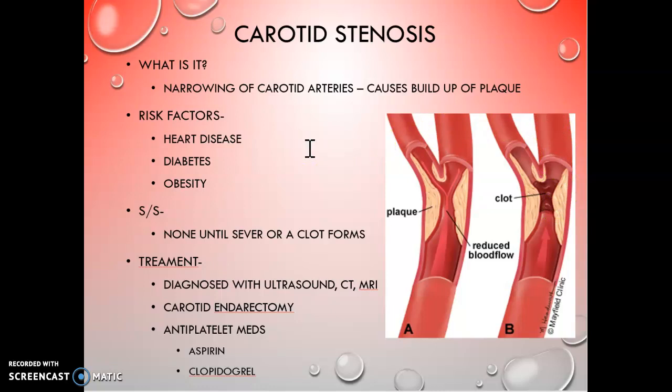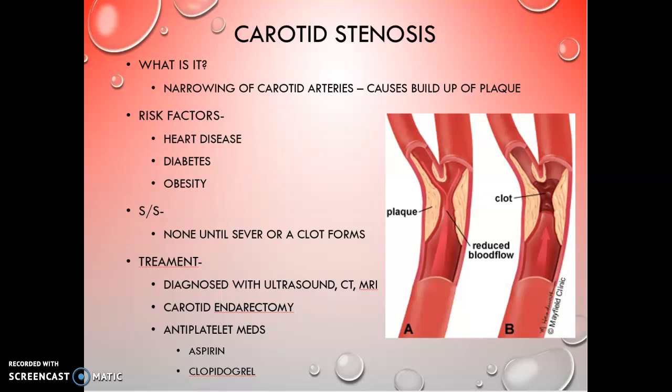Risk factors for carotid stenosis are heart disease, diabetes, obesity, all of those cardiovascular issues that we've discussed many, many times. The problem with carotid stenosis is that it doesn't usually have any signs or symptoms until it's really bad or a clot forms.